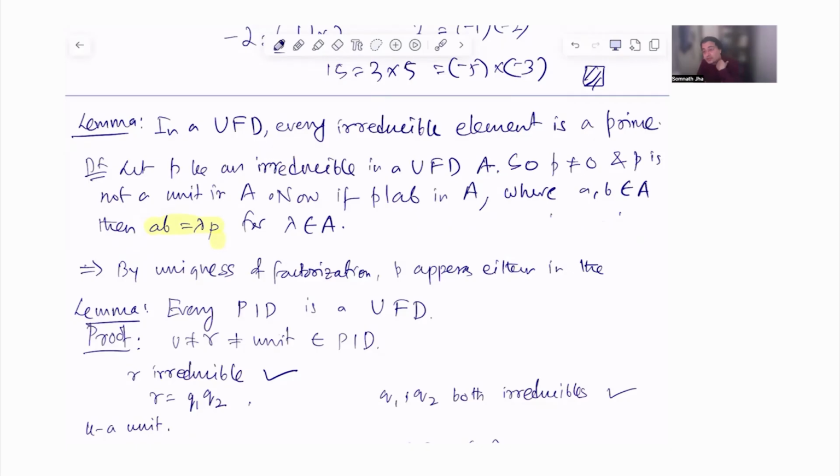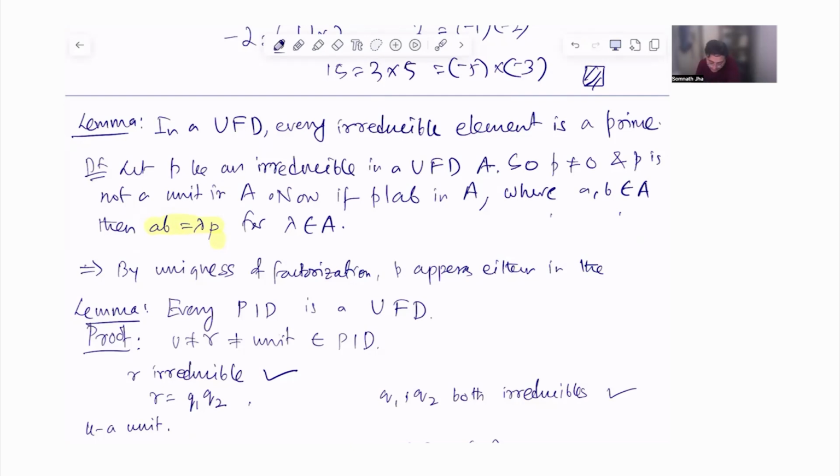You have a factorization of lambda because it's a UFD. So AB can be written with lambda having a factorization, and then after taking P, which is an irreducible, you get a factorization of AB.